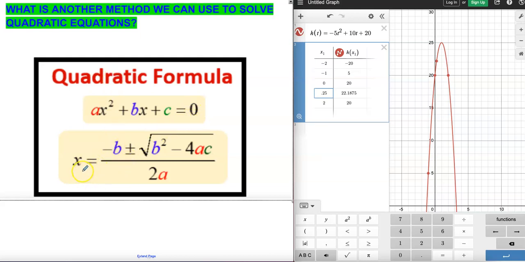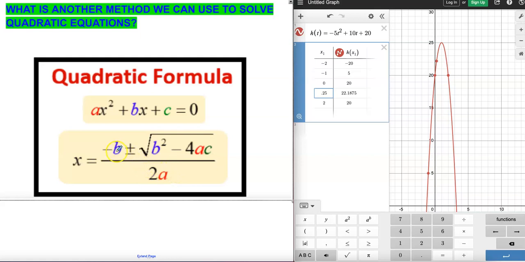The quadratic formula says x is equal to negative b, plus or minus the square root of b squared minus 4 times a times c, all divided by 2 times a. My division line goes all the way across.